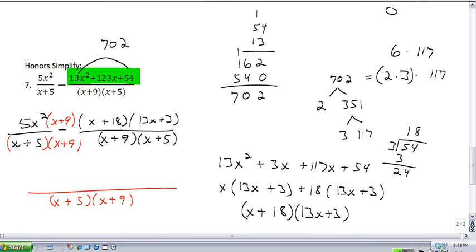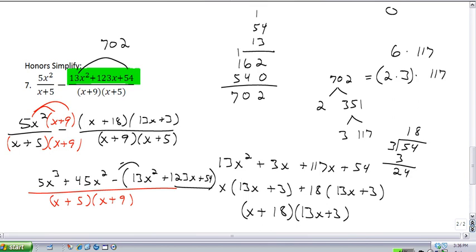When you multiply 5x squared in here, you get 5x cubed plus 45x squared minus, well, there's no sense in writing that in factored form because I'm going to have to multiply it to combine like terms. So 13x squared plus 123x plus 54.